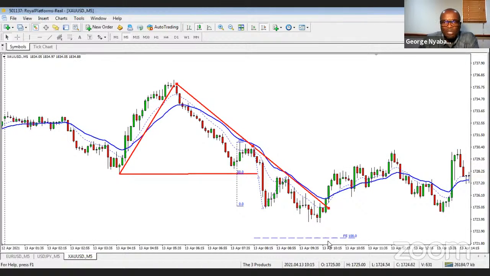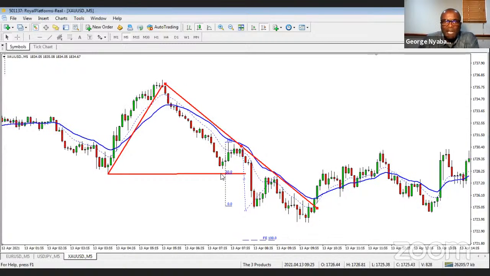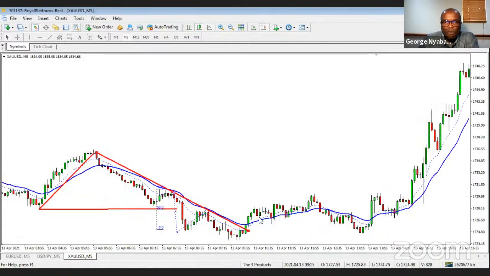Okay, leg 1, pullback, leg 2. The market didn't get to the leg 2, so there's some bullish strength. Then I get a break above the trend line. I get my follow through. Wow, I get a moving average gap bar that's formed right here. Okay, so what happens at the EMA?